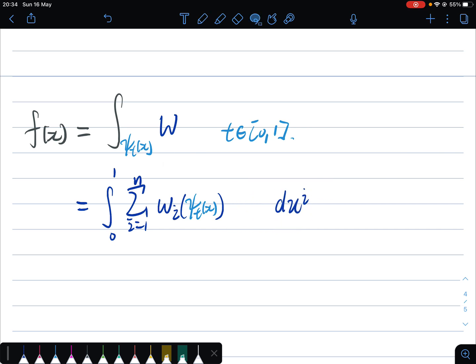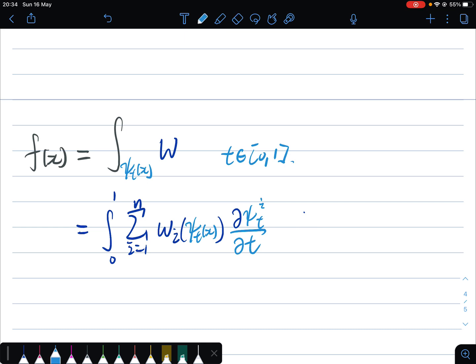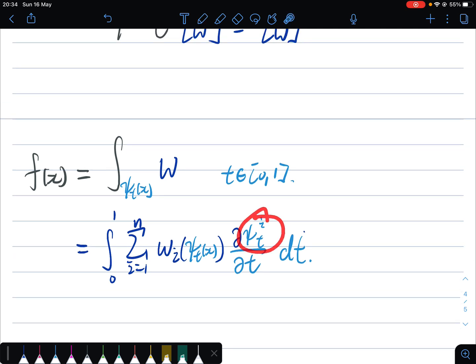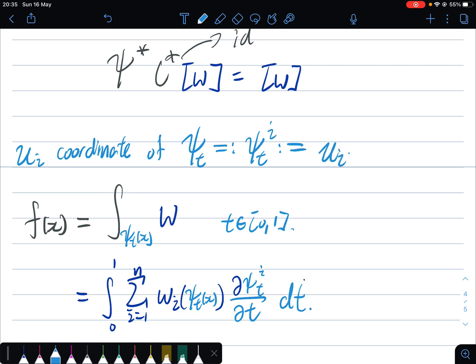And then by the chain rule, the psi curve can also be expressed in our local coordinates, and to express the ui coordinate of psi, we will define it as psi i of t, which also means that it is just a composition.